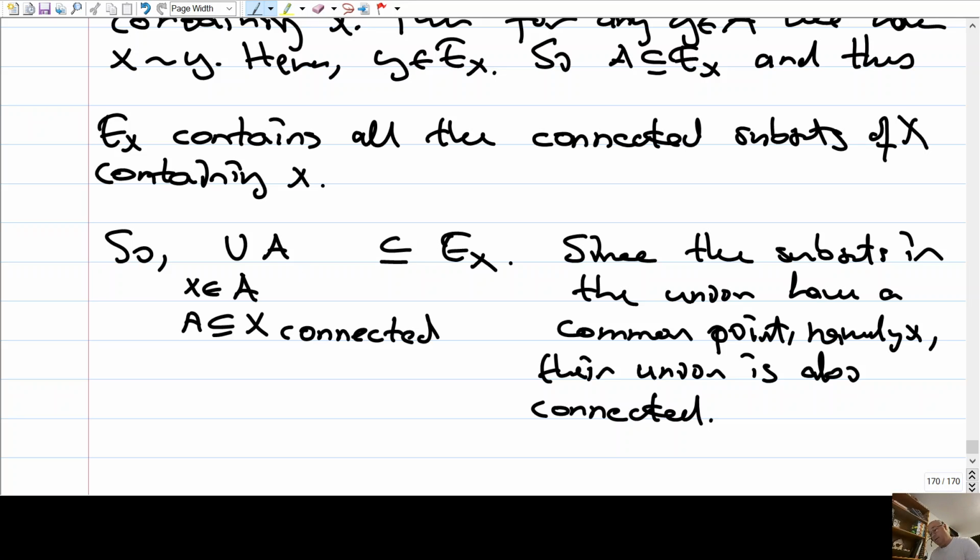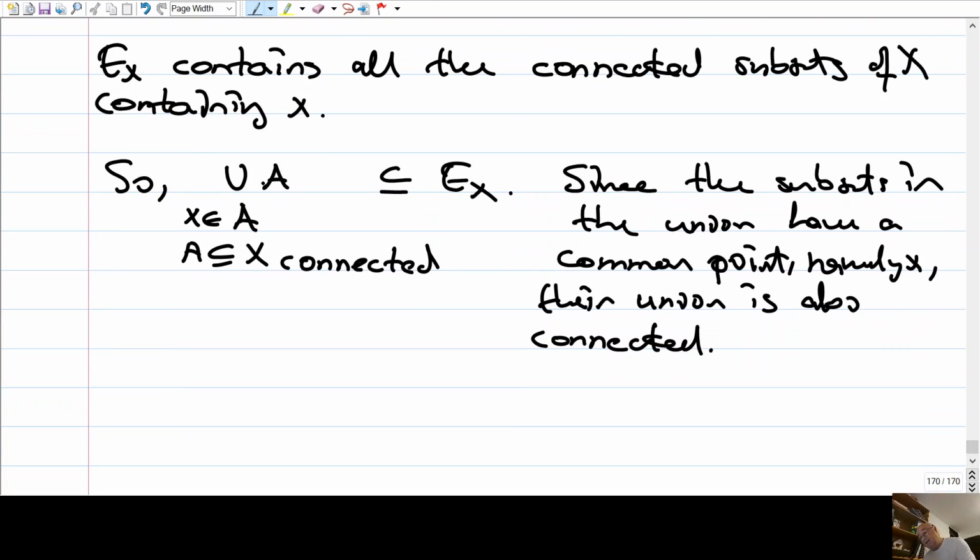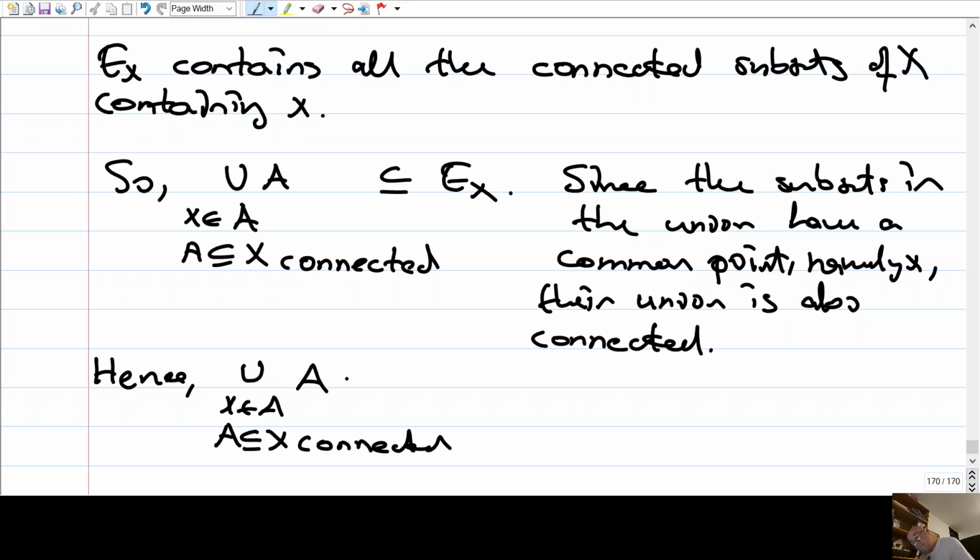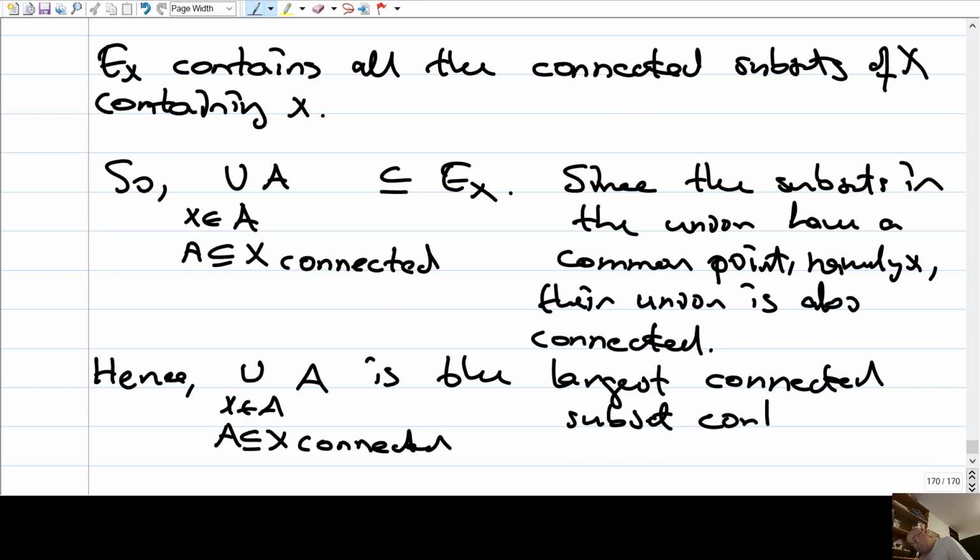But so this is the largest connected set containing EX.